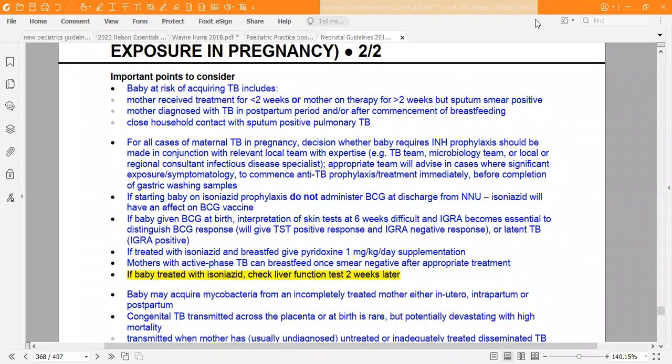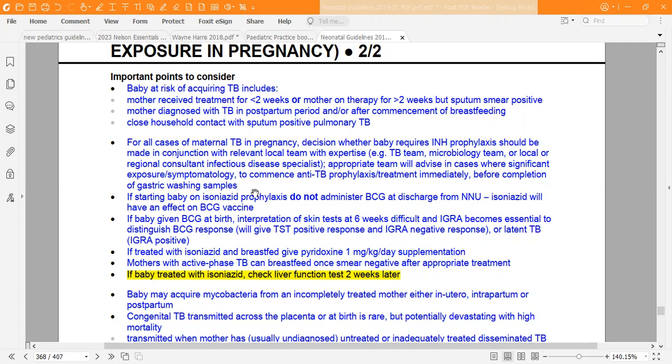For all cases of maternal TB and pregnancy, the decision whether the baby requires INH prophylaxis should be made in conjunction with the relevant local team with expertise, for example the TB team, microbiology team, or local or regional consultant infectious disease specialist. The appropriate team will advise, in cases of significant exposure or symptomatology, to commence anti-TB prophylaxis or treatment immediately, before completion of the gastric washing sample.